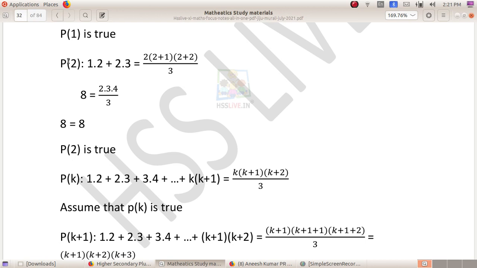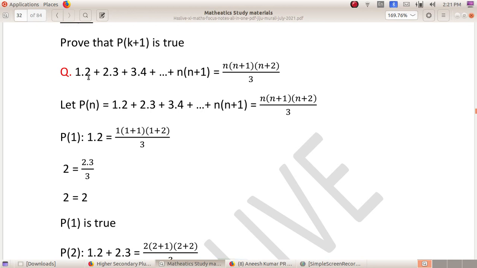These are time consuming. To avoid such attempts, we are taking an arbitrary element k, and we are assuming that this statement is true for n is equal to k. P of k. Okay, what is P of k? P of k means 1 into 2 plus 2 into 3 plus 3 into 4 plus etc. plus k into k plus 1.